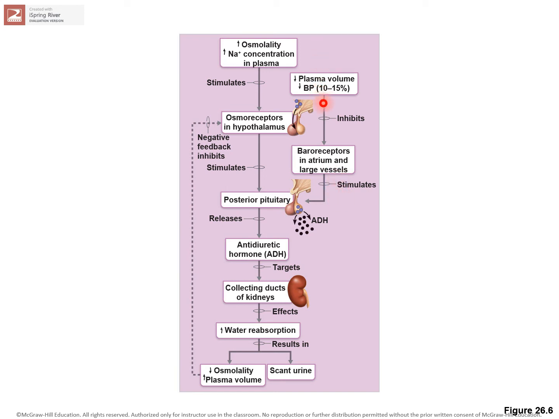These don't get activated unless there is a big change in the blood pressure and plasma volume. But when there's a significant change, that is, when we have low BP and low plasma volume, the baroreceptors detect a change and stimulate the pituitary gland to release antidiuretic hormone. Okay, and antidiuretic hormone triggers the collecting duct to reabsorb water.